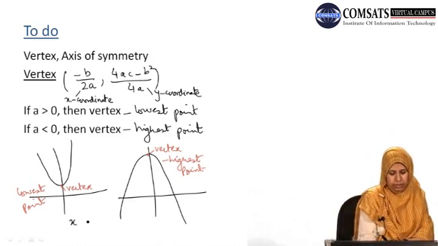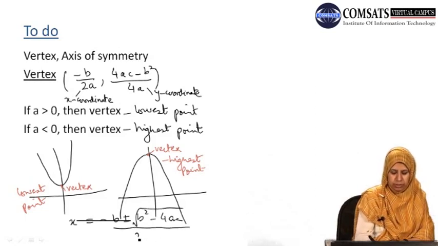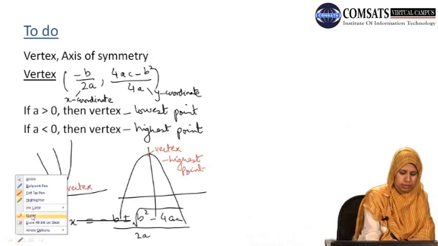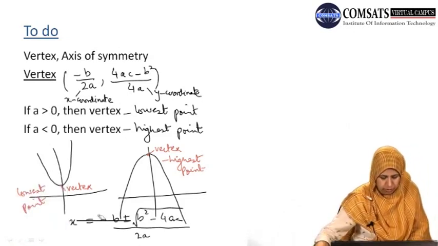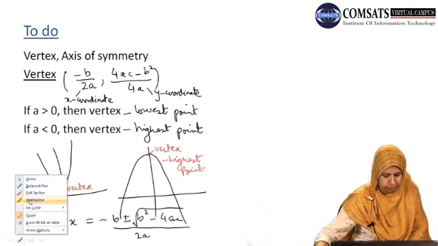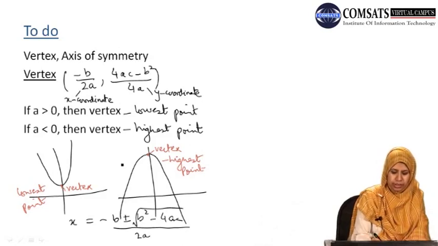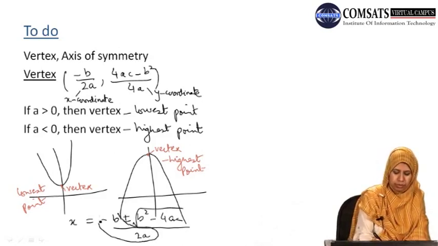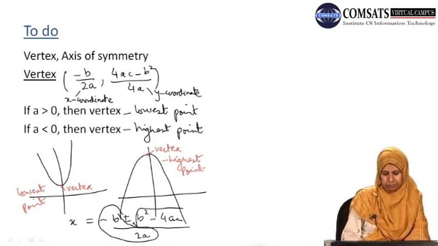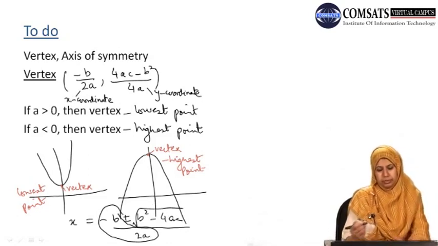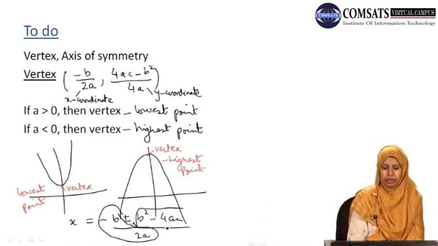Our quadratic formula is x equals minus b plus minus the square root of b square minus 4ac, divided by 2a. So this x coordinate is nothing but the first part of our quadratic formula, and the y coordinate somewhat resembles the under root part of our quadratic formula.